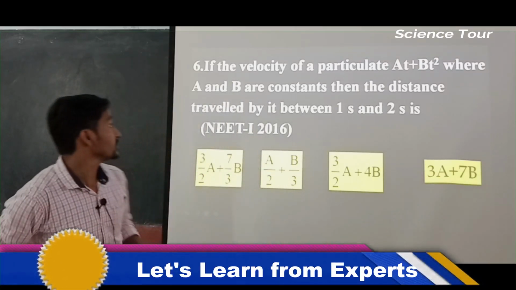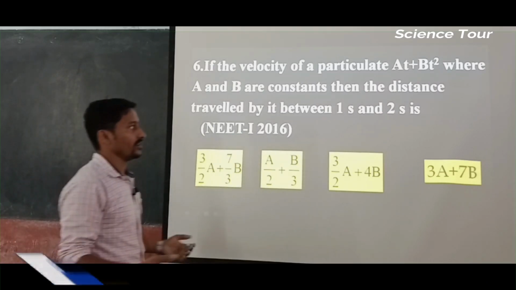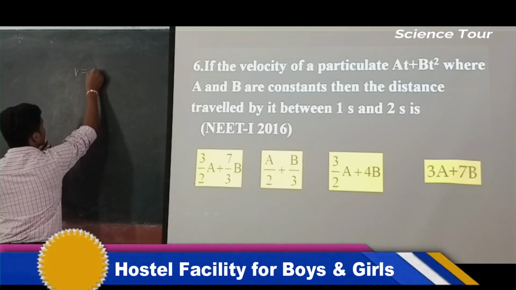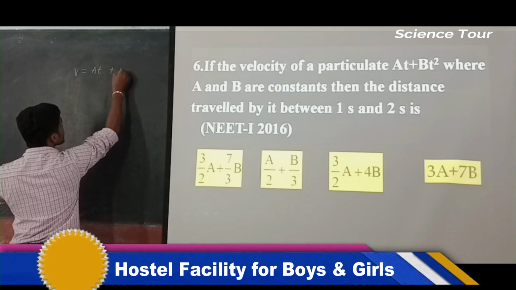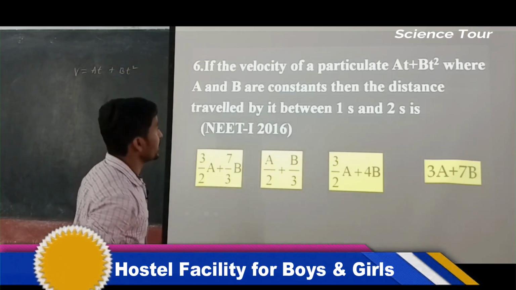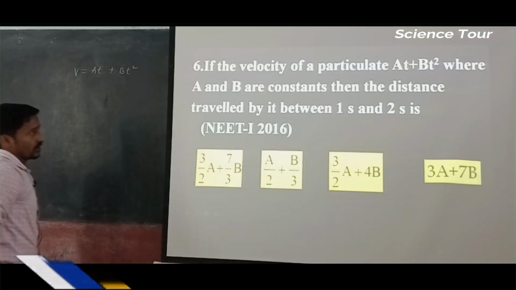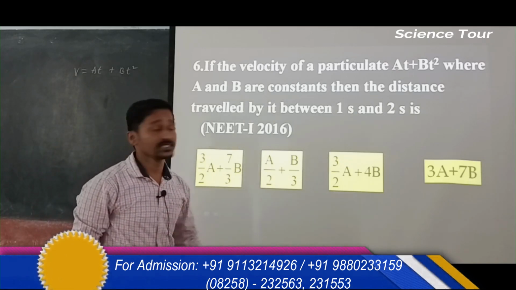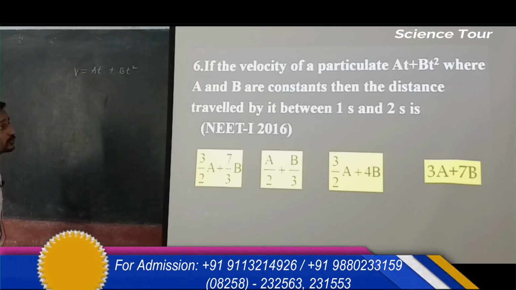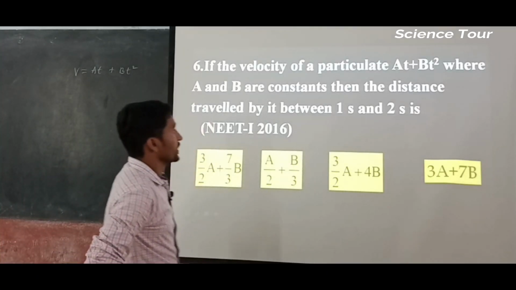If the velocity of a particle is equal to at plus bt square, where a and b are constants, then find the distance traveled by it between 1 second and 2 second.